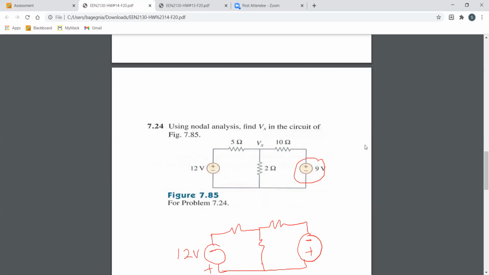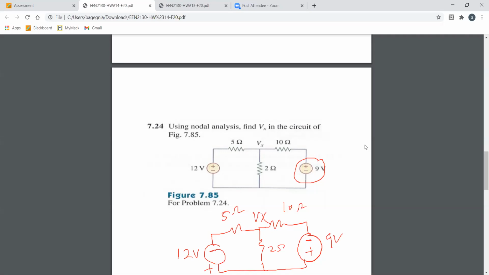Okay. So this is 5 ohms, 10, 2, 9, and Vx. Okay, same problem, same circuit, but I flip the polarity of the power supply.